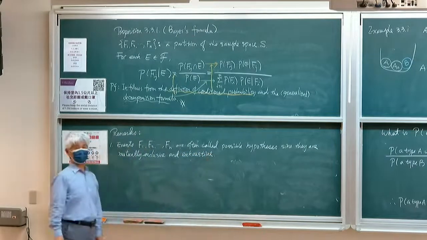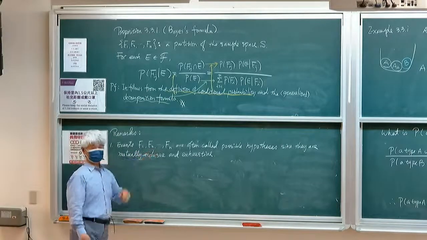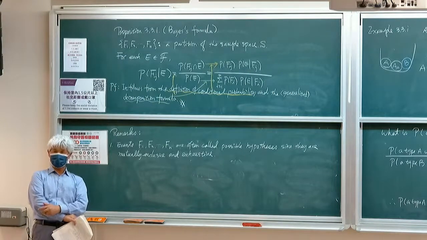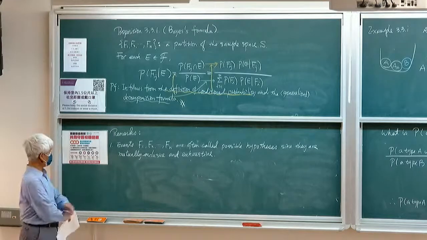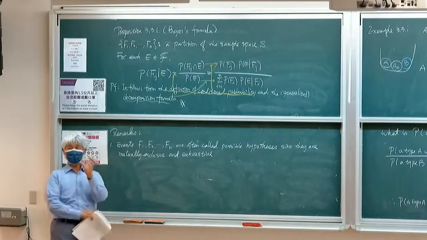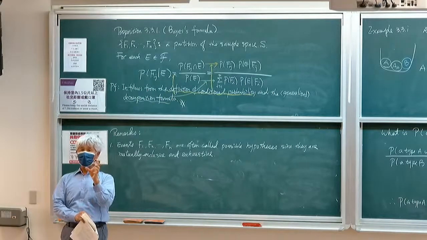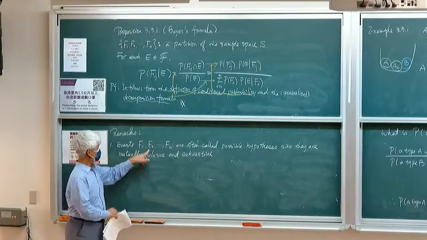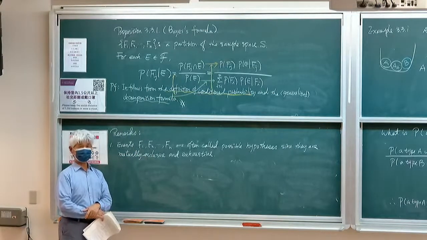Exhaustive means that the union of these n events is equal to the total event. And they are mutually exclusive. So every outcome omega will be in one and only one of the n events. Right? Is that clear?